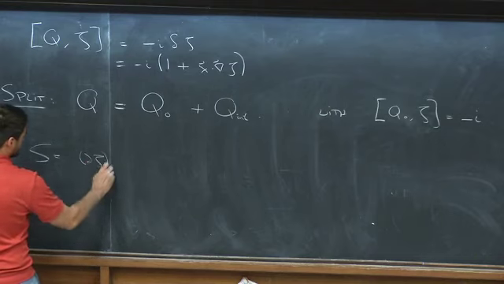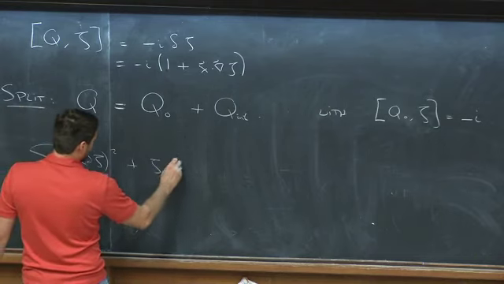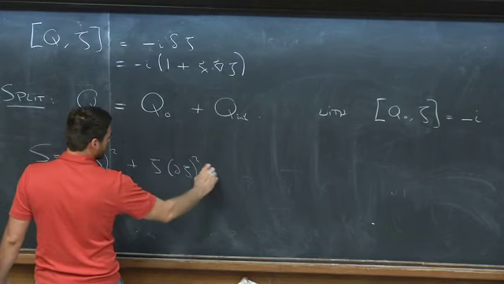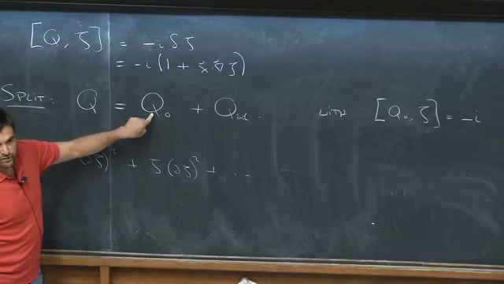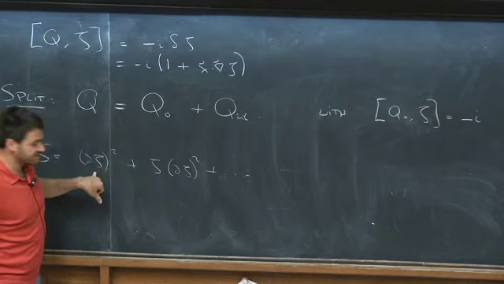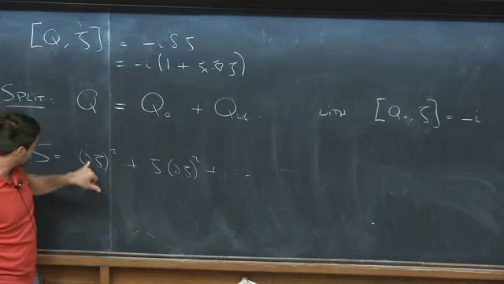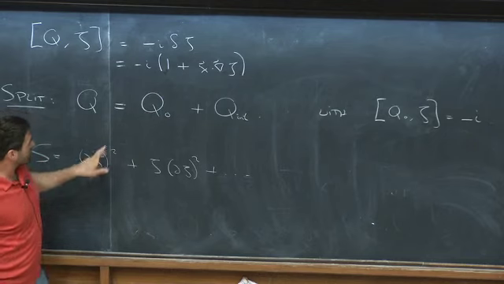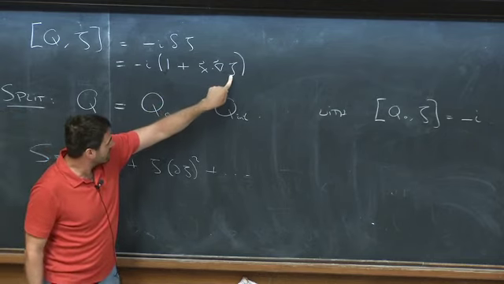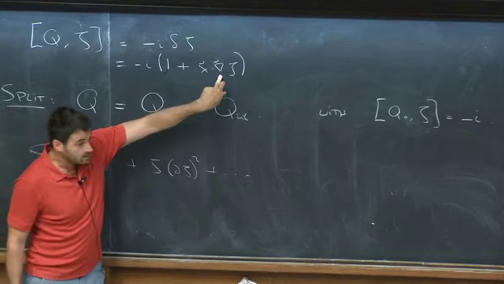You have the kinetic term for zeta, and then a bunch of interactions, cubic, quartic, etc. By definition, the lowest order piece of the charge will be a symmetry of the lowest order piece of the action. Indeed, this is invariant under the shift symmetry. But is it invariant under this other part? It's not.